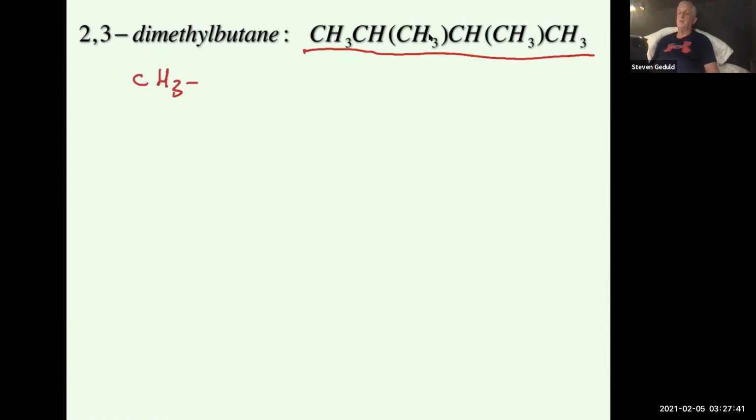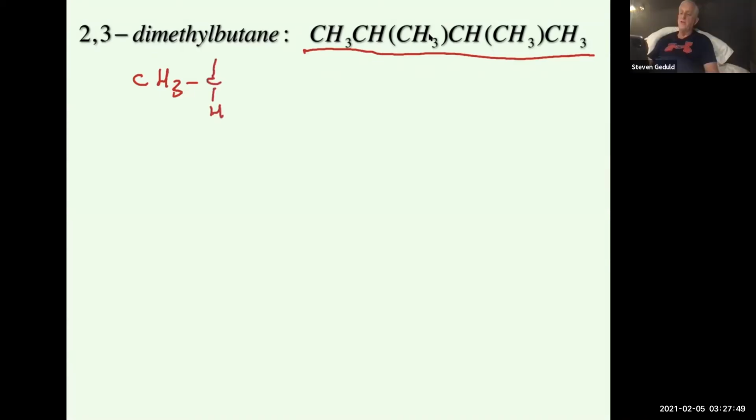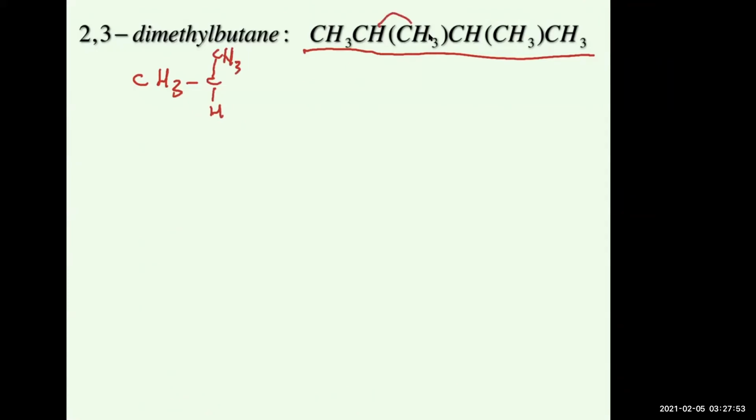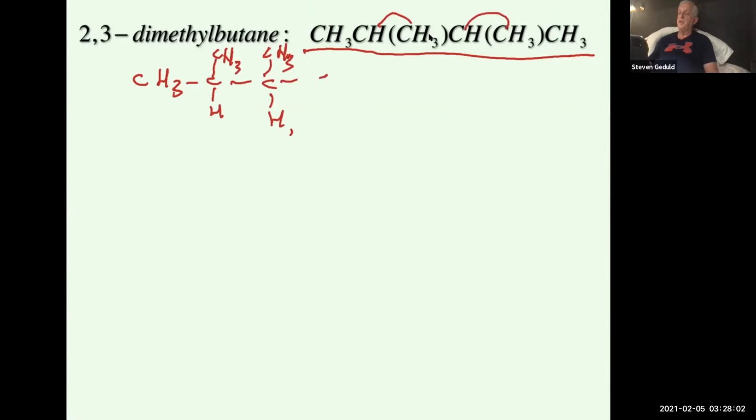CH, then a CH3, right? That's this one going right to here. And then another CH, and another CH3. That goes to there, and then CH3 at the end. That's your structural formula.